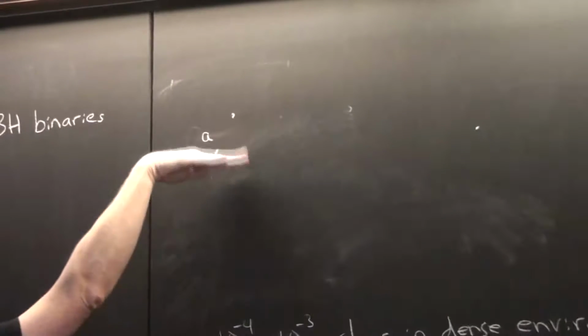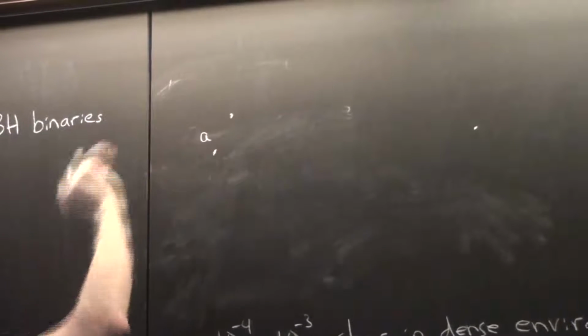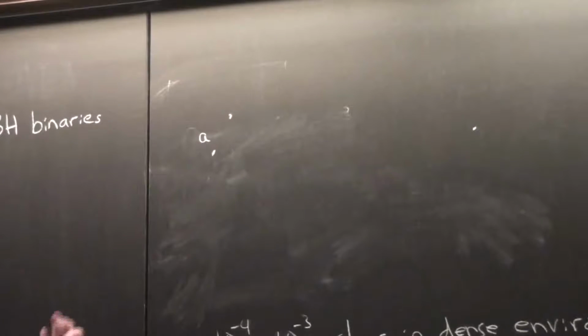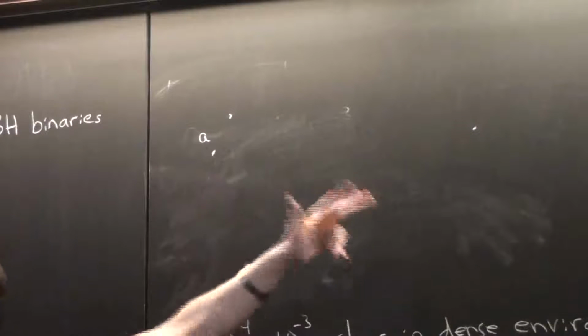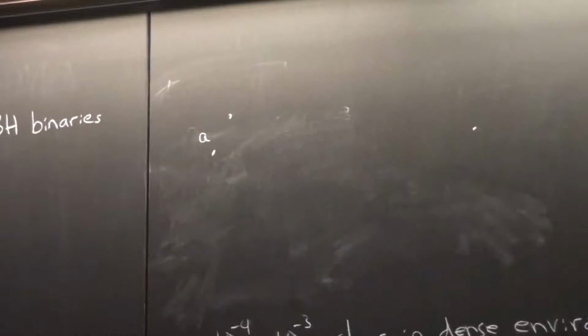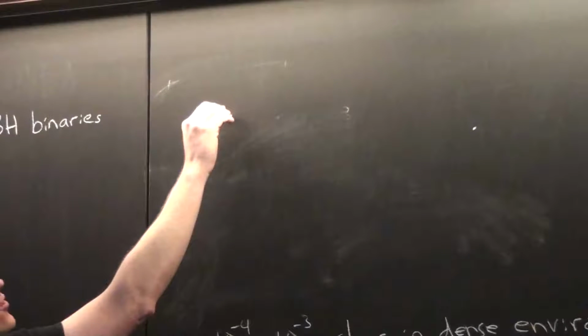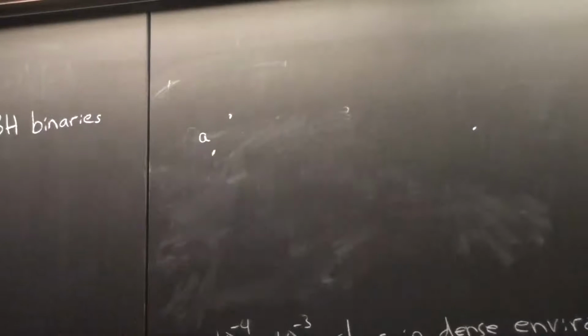So if you have some semimajor axis A here, then the system can basically do this, where the inclination goes down and up to limits that depend on the angular momentum ratio between the outer object and the inner binary. And as it goes down, the eccentricity goes up.